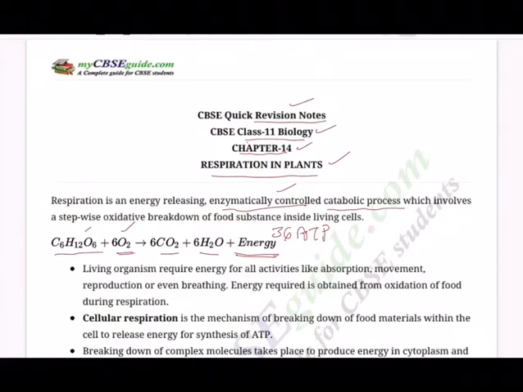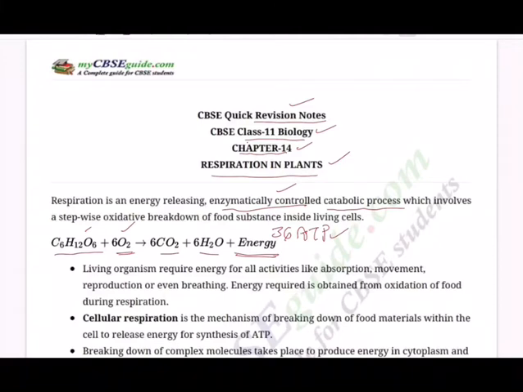The same blood that carried glucose carries oxygen also to each and every cell. We have got millions of cells, and all the cells will get this glucose and oxygen. Once these two are available in the cell, this reaction takes place.